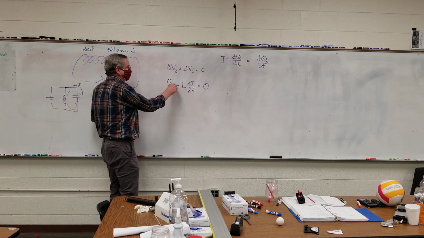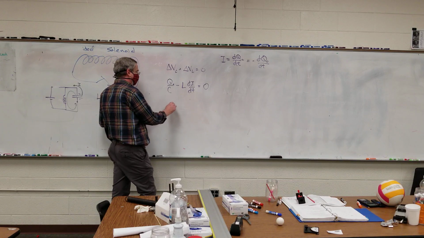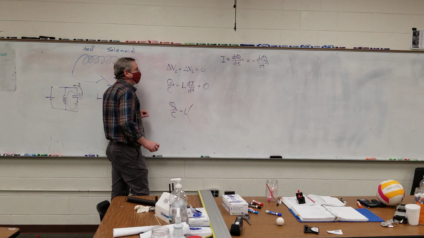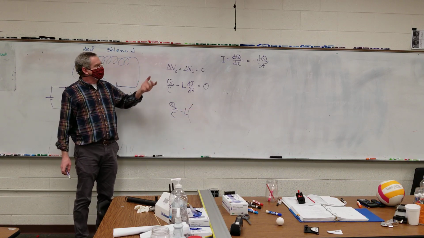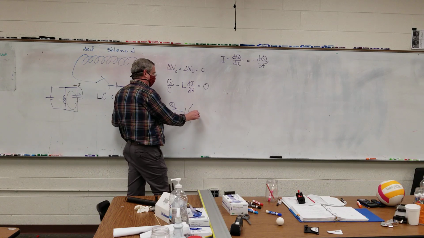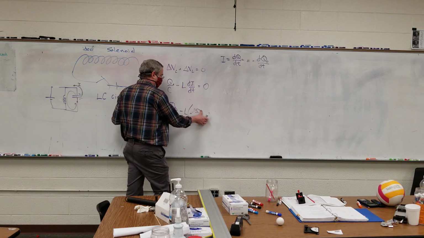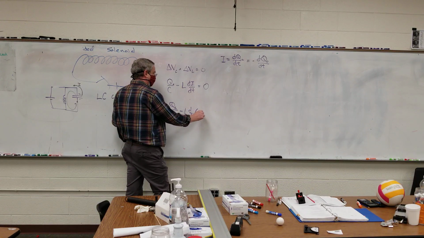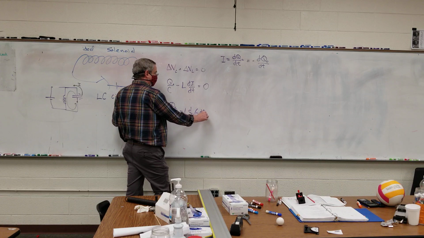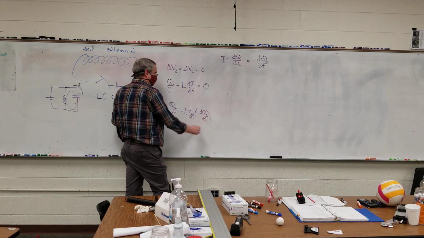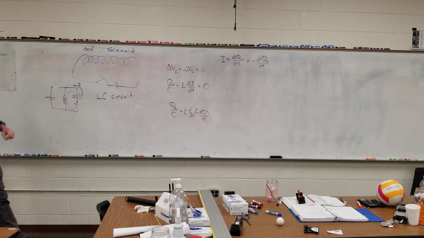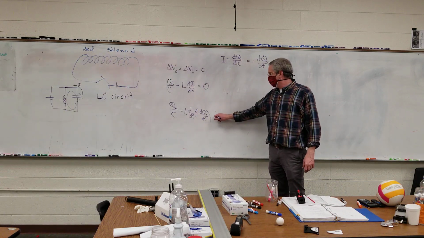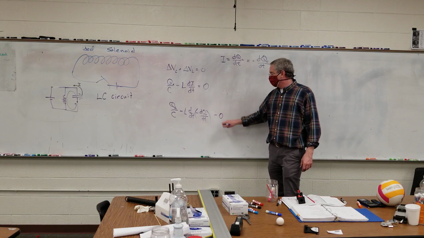So this is Q_C here. So I have Q_C over C minus L times, well, what is the definition of current? Well, I have it right there. This is negative, oops, try that again, times d/dt of negative dQ_C/dt. And again, Q_C is the charge that is on the capacitor. Equals 0.